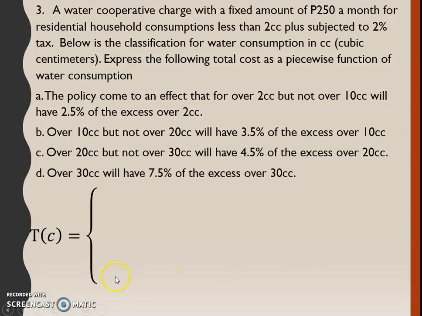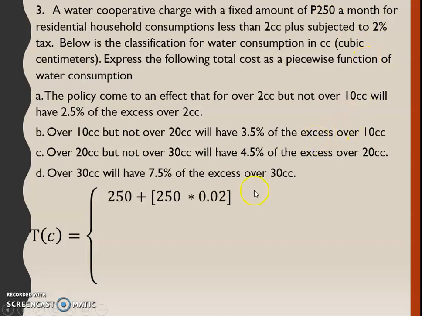So let's represent T as the total cost. Then C is for the consumed cubic centimeters. So what again? The fixed charge per month will be 250 pesos plus the tax, which is 2%.